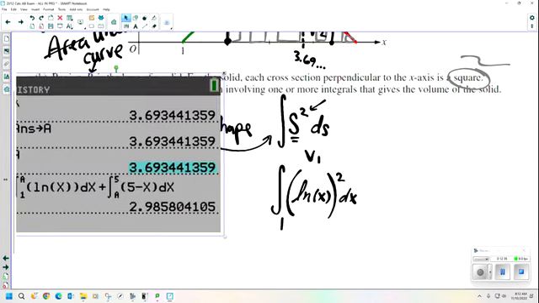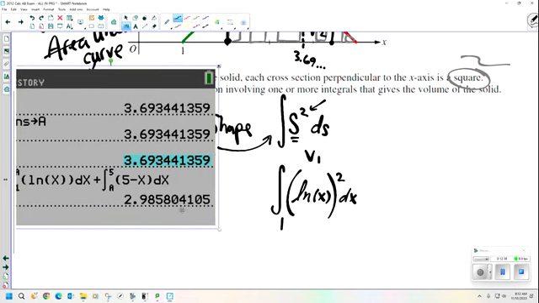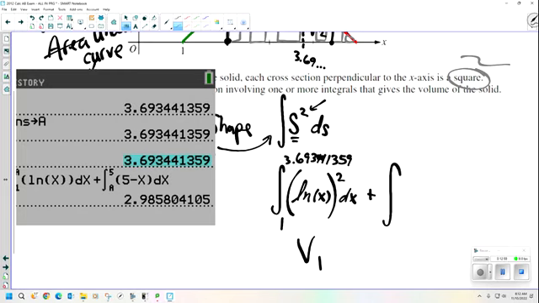Bring this out here just so I can see it once. 3.693441359. That's the volume of that first area, plus the integration from 3.693441359 to 5 of the other side squared. The other side is 5 minus x, dx.